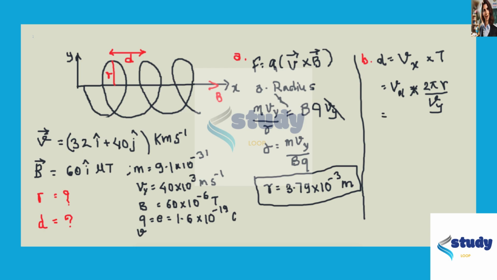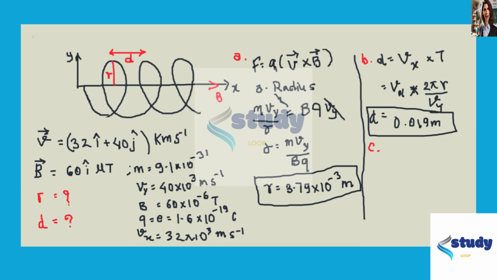Given that vx, the velocity along x, is 32 into 10 to the power 3 meters per second, and you know r from part A and you know vy, this will give me d equals 0.019 meters. So this ends part B of the question. Now let's move on to part C.